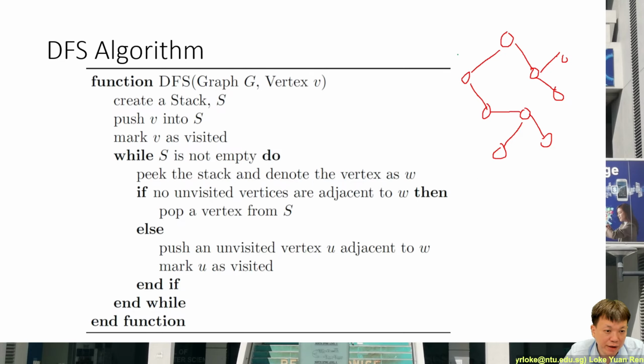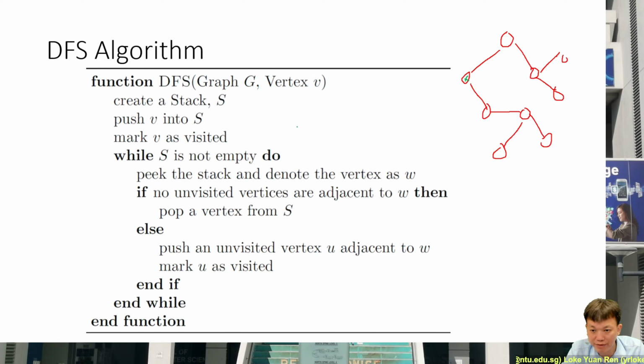If I want to use the depth first search algorithm to visit every node once, it is a kind of greedy strategy. I start from here, and I will use a stack.